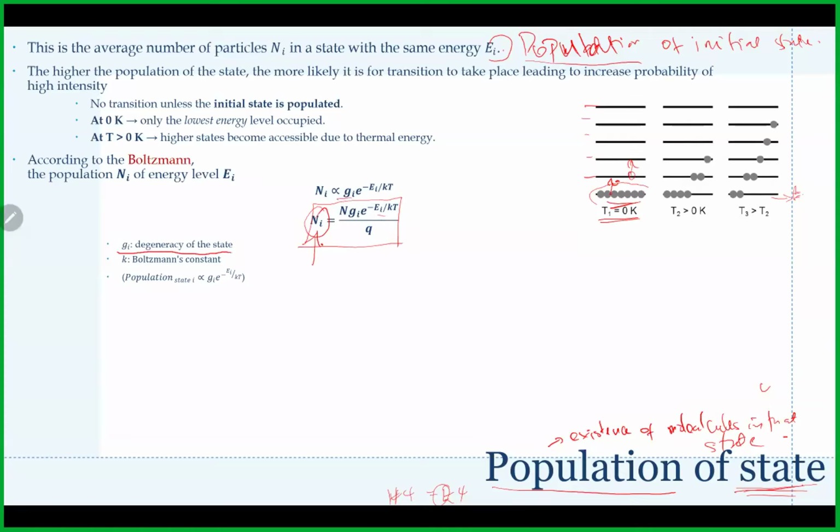Degeneracy is how many states have the same energy. It is exponentially dependent on temperature, meaning that as the temperature increases, the lower energy state becomes less populated because you have energy to move to a higher state.